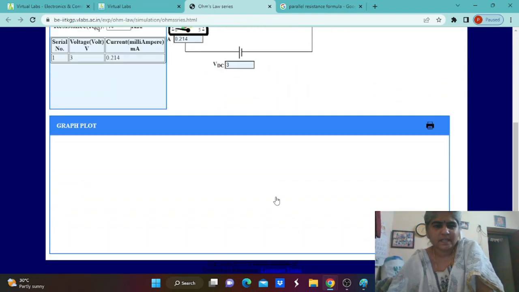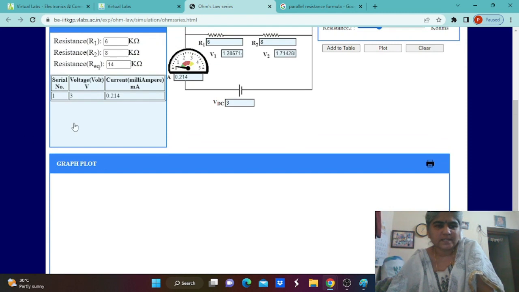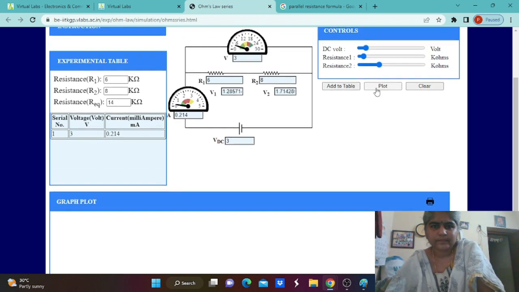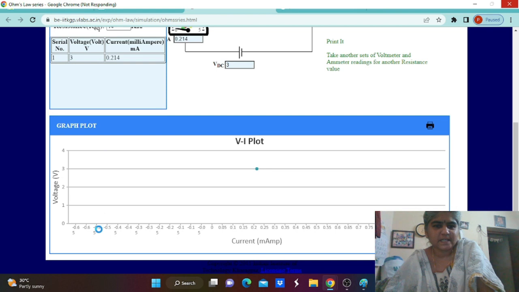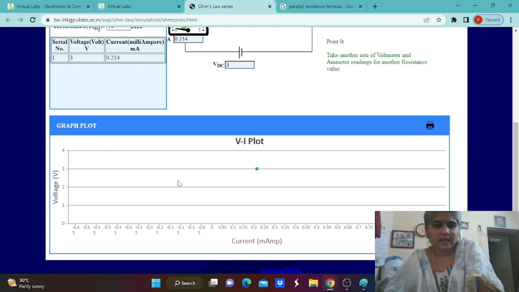We can see the value we have already given, and for that we can draw this value, the voltage and current relation, in the graph plot area.